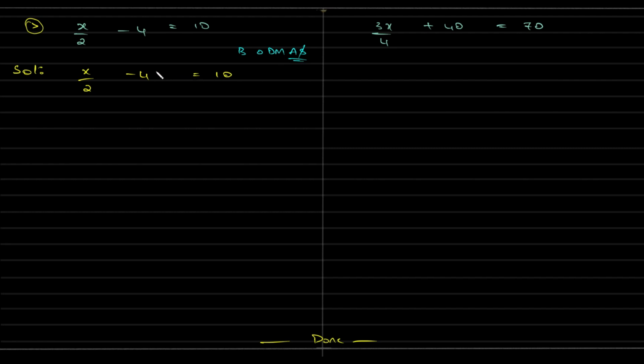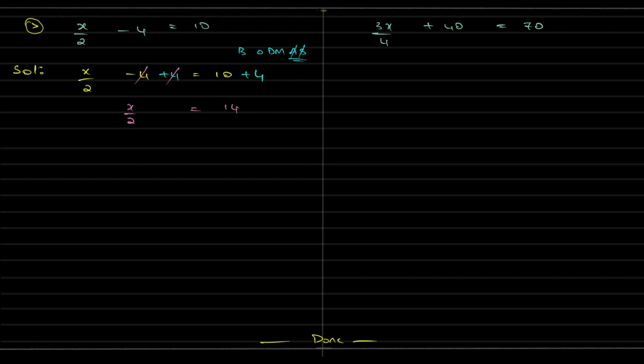So we are actually subtracting by placing positive 4 on both the sides. The language is a bit tricky because here it's addition and here it's subtraction. So we are adding and subtracting by placing in positive 4. I think that's a better language, right? So simple, positive 4, negative 4 cancels. x by 2 is equal to 14.